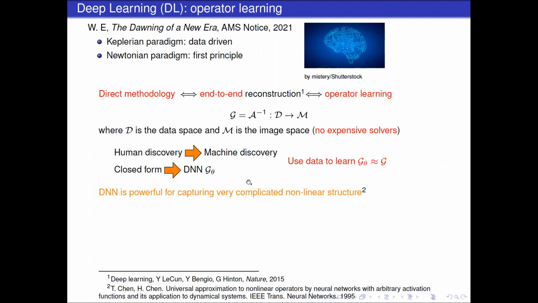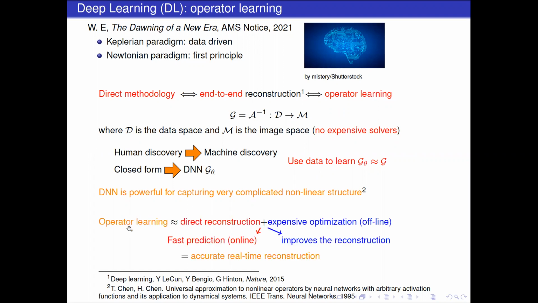And we think operator learning really has the potential to combine the advantages of the direct reconstruction approach and the optimization approach. At the online stage, it can give very fast prediction because it only needs to do evaluation. When you use it, there is no optimization to solve.